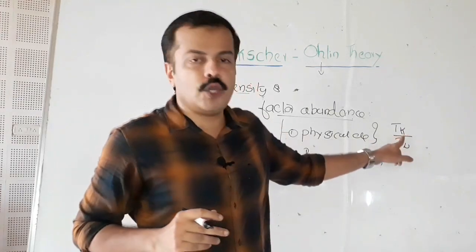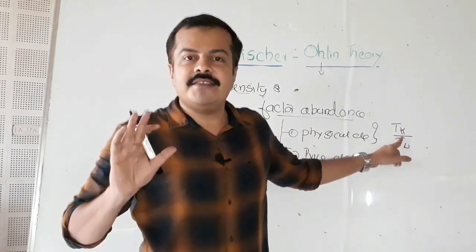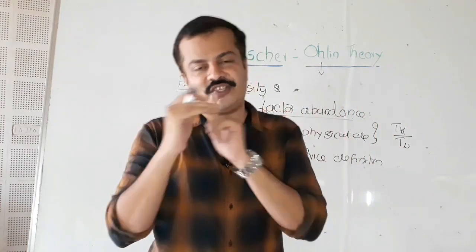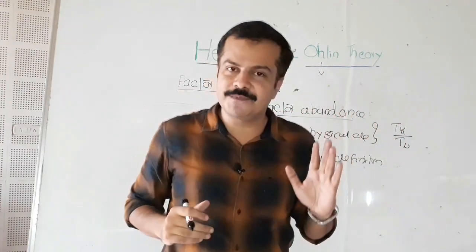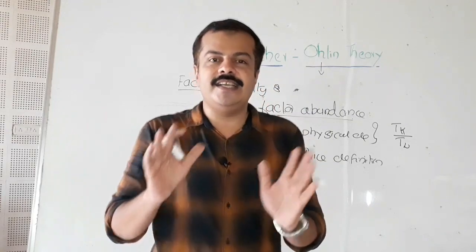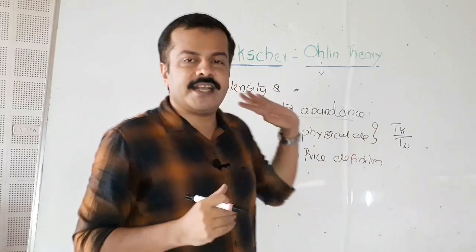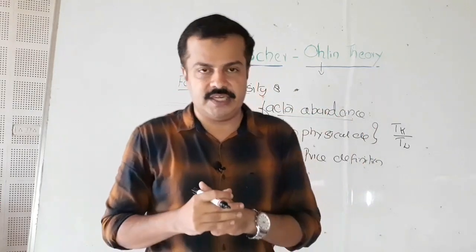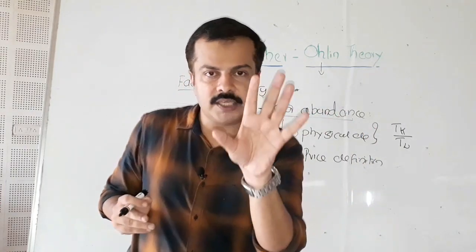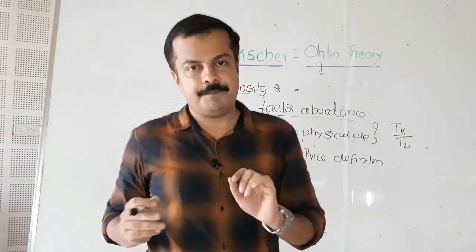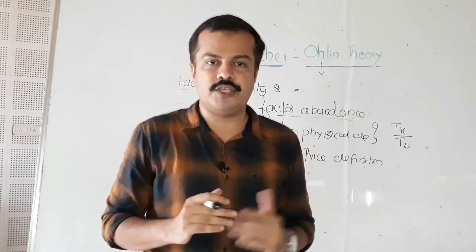If this ratio is higher, then the country concerned is capital abundant, capital rich. If this ratio is smaller, the country concerned is labor abundant or labor rich. That's as far as the physical criterion is concerned. Here we treat the total amount of capital and labor, and we calculate the ratio of both.